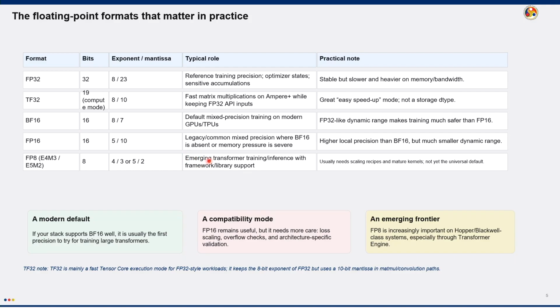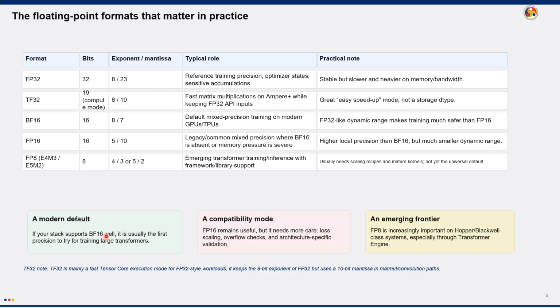And we have emerging transformer training with FP8, E4M3 and E5M2, with 8 bits of precision, and the exponent bits are 4 or 5 based on the data type that we choose. Usually it needs scaling recipes, because if we cut down the precision, there is a high chance that the gradients will vanish very quickly. So if we reduce the bit size, we have to scale somewhere, and that's what we will see.